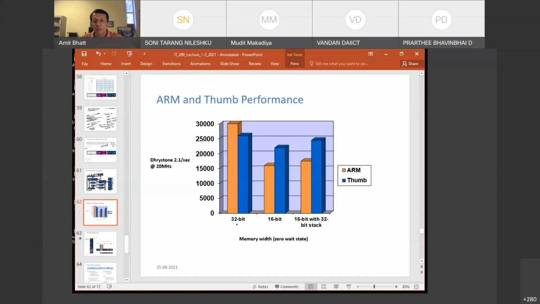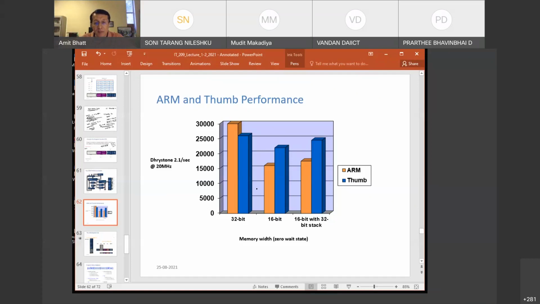When I say 32-bit memory, both instruction and data memory are 32-bit. And the processor is definitely 32-bit because ARM doesn't have a 16-bit processor. So for ARM and Thumb instructions, your test setup is a 32-bit processor and 32-bit memory.